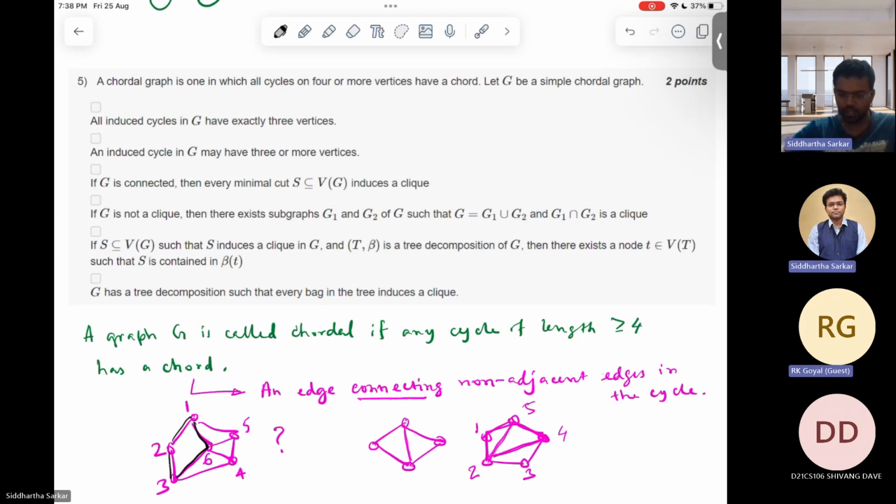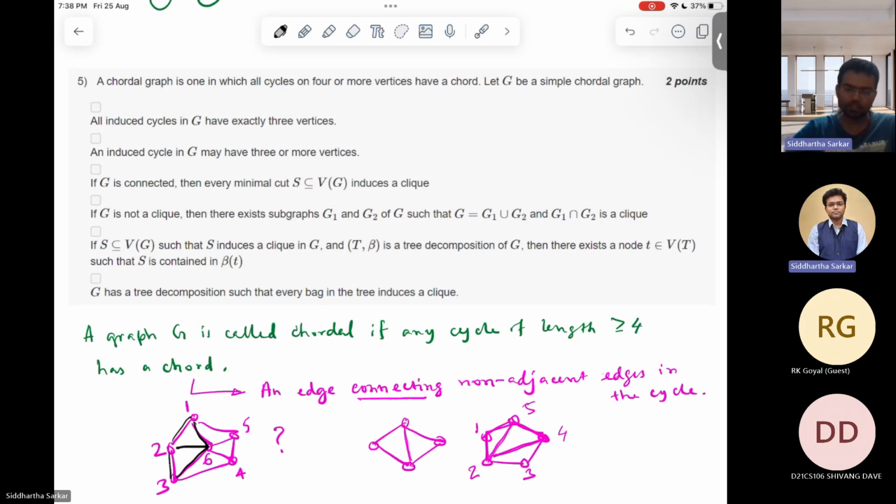So I draw an edge between 2 and 6. Now we can call this graph chordal. Yes, after connecting 2 and 6 it becomes chordal, because the triangulation has been done everywhere.